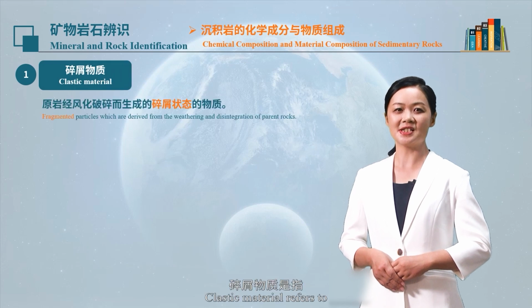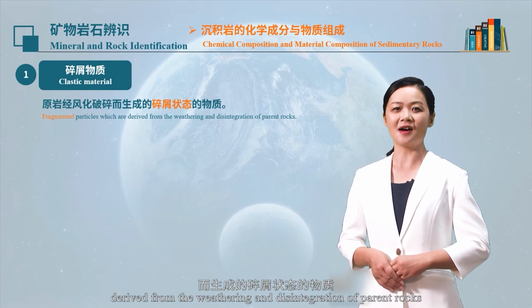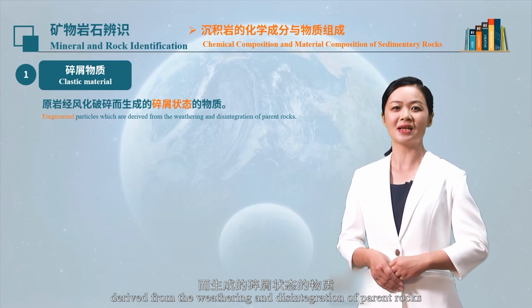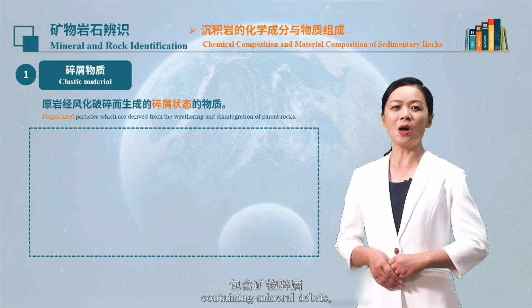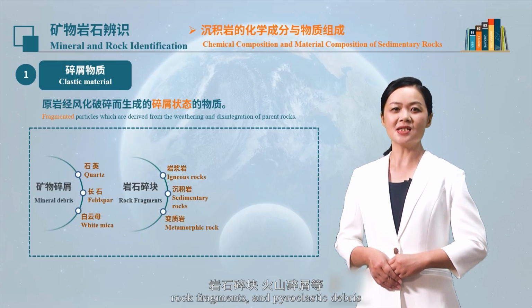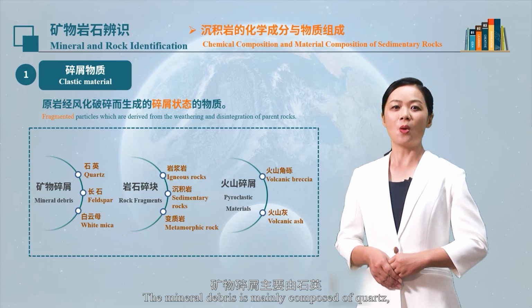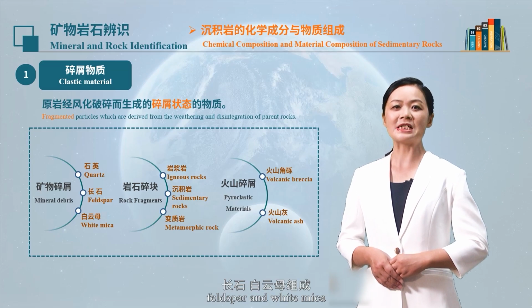Among them, clastic material refers to fragmented particles derived from the weathering and disintegration of parent rock, containing mineral debris, rock fragments, and pyroclastic debris. The mineral debris is mainly composed of quartz, feldspar, and white mica.